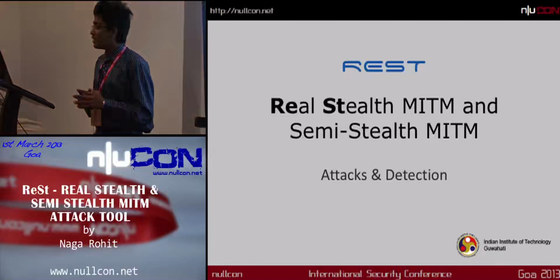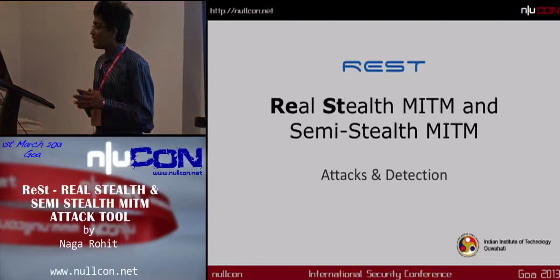So firstly, let me tell you why I call this the real stealth man-in-the-middle attack. It happens that there is another paper in a conference which goes by the name Stealth Man-in-the-Middle Attacks in DOS Channels. So essentially the authors and I tend to disagree upon the term man-in-the-middle attack.